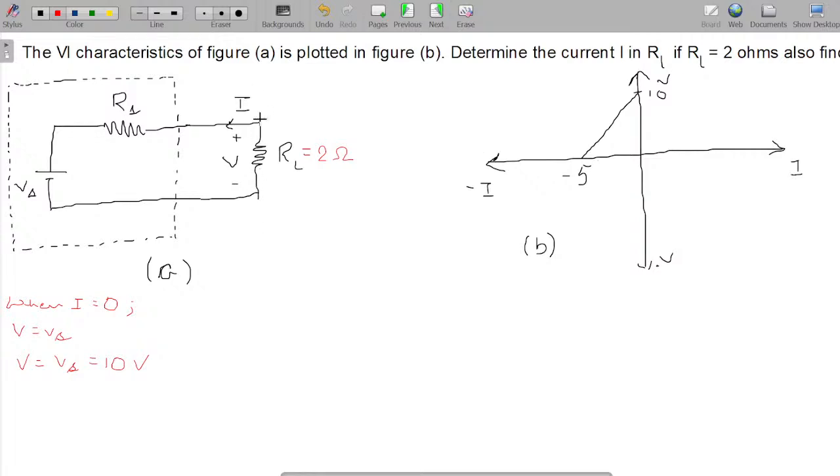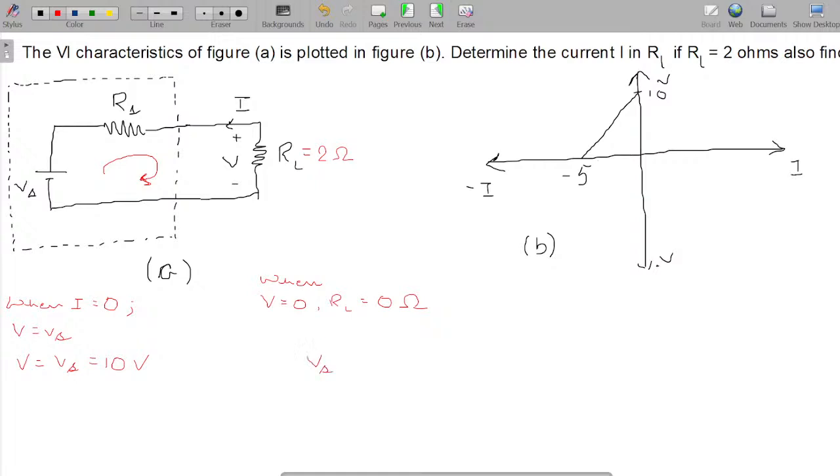When the load resistance reduces to a short circuit. So when V equals 0, RL would equal 0. Yes. So when RL equals 0, again apply KVL here in this loop. Very clearly what we can see. Now remember the direction of current given in the circuit. You have to be very clear about the direction of current.